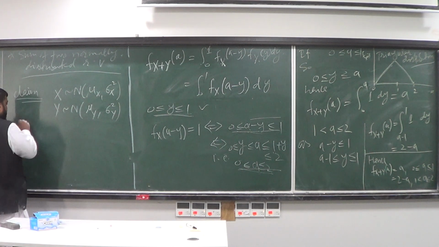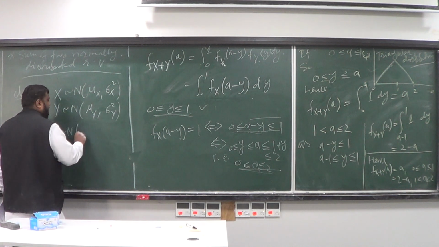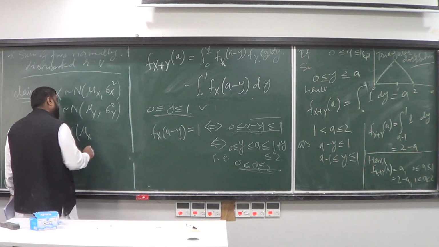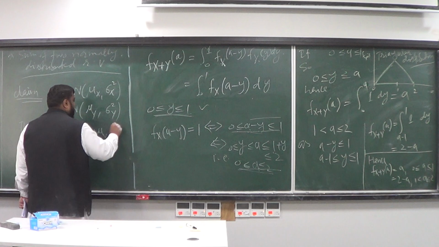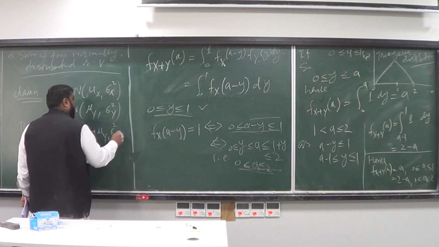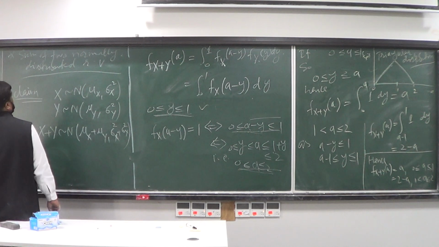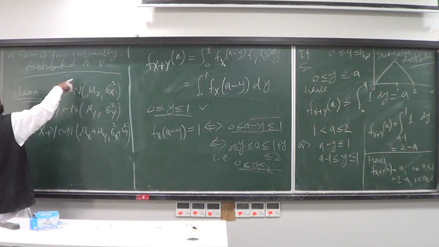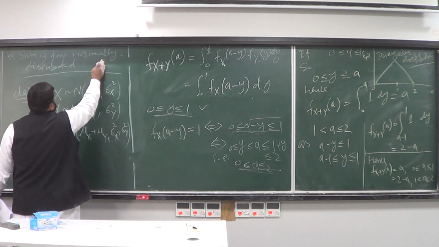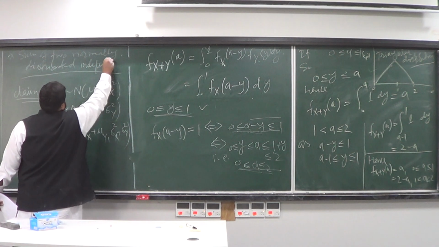Then x plus y is normally distributed with mean mu_x plus mu_y and variance sigma_x squared plus sigma_y squared. Obviously you have to assume that these are two normally distributed independent random variables.